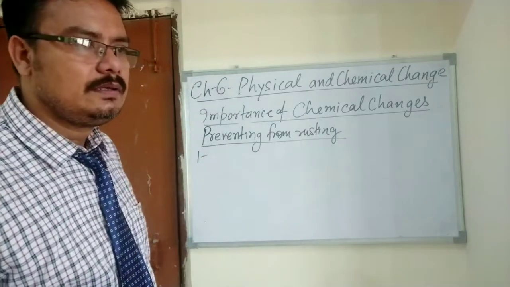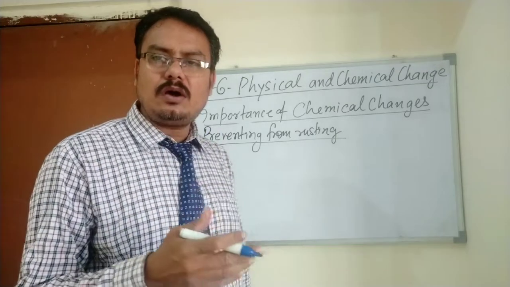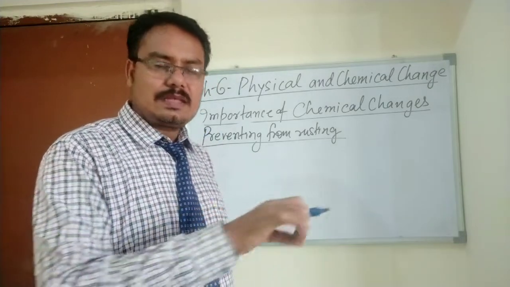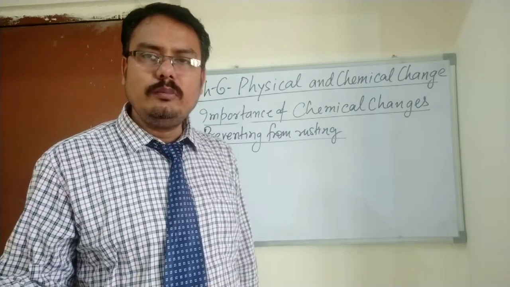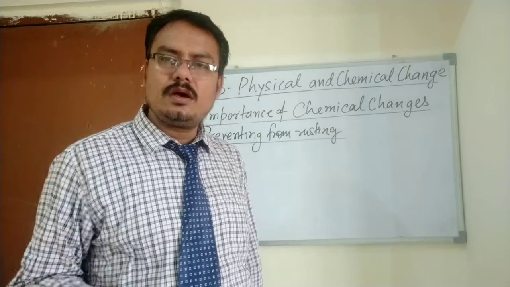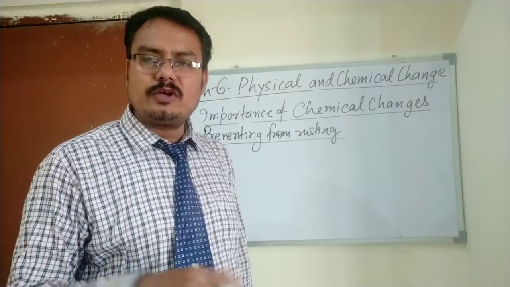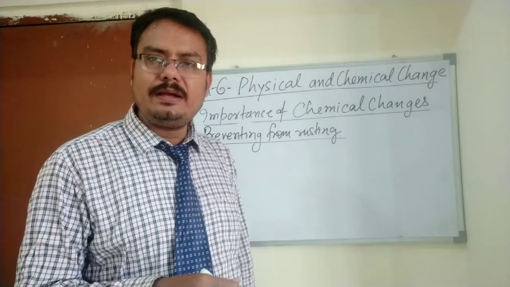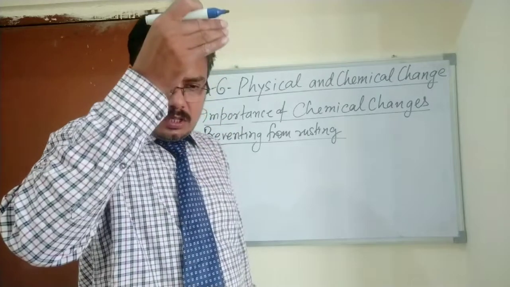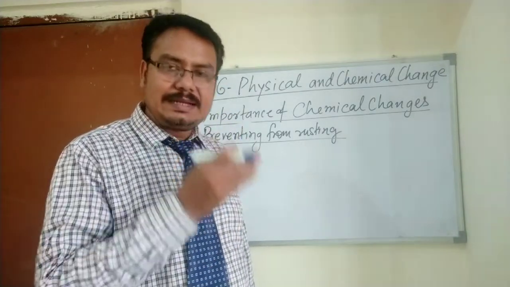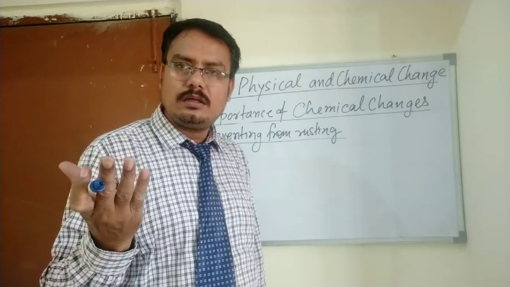First, you have seen that in your balcony or in your terrace there is an iron grill, or your main gate is an iron object that is painted properly, first with primer, then with oil paint, so that this painting forms a layer between that iron object and the atmospheric moisture air.